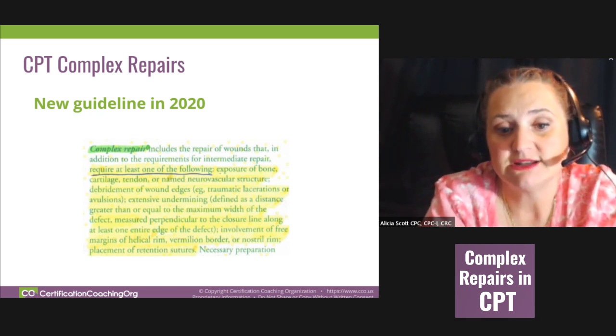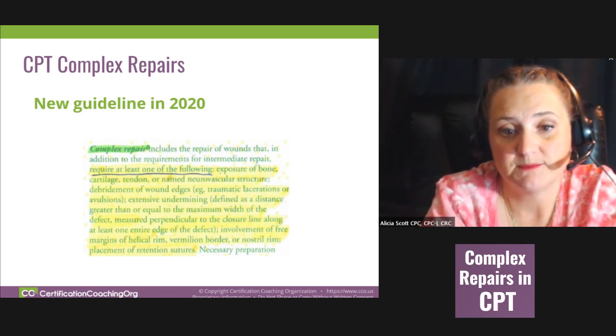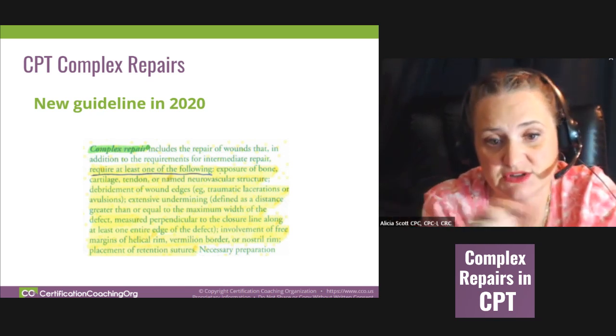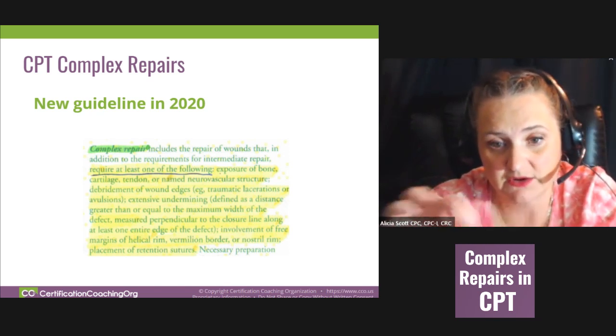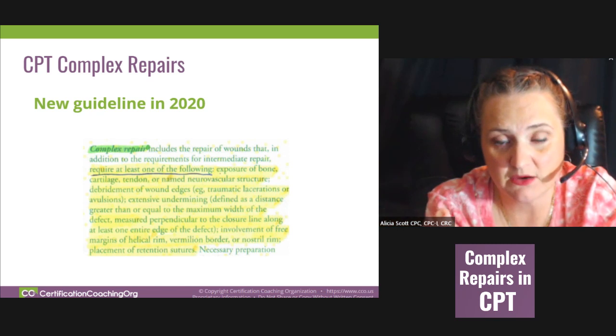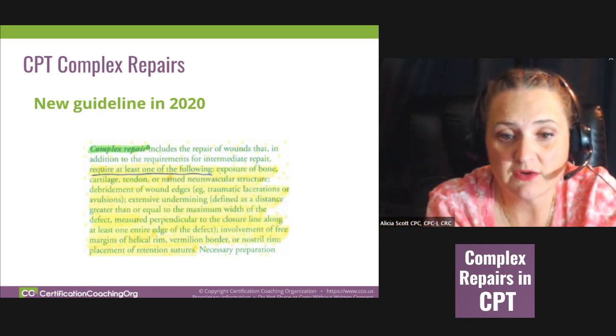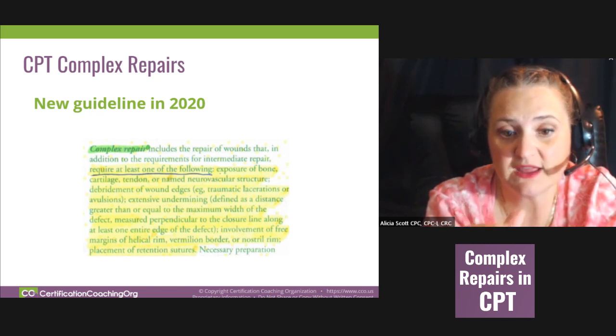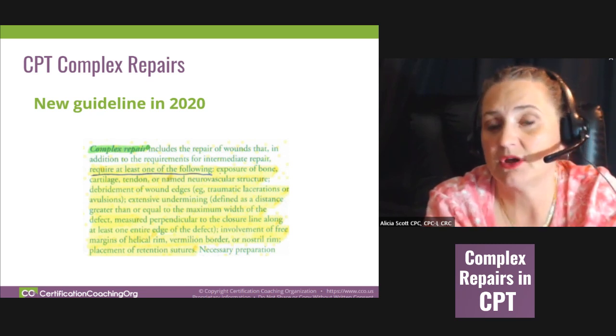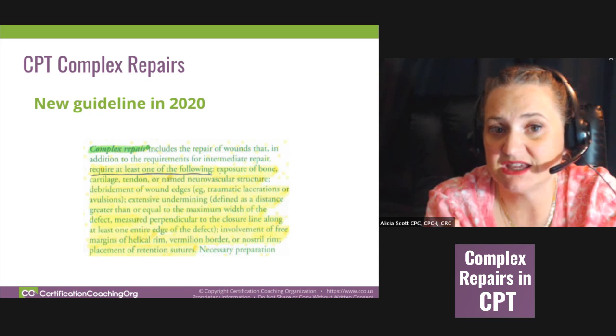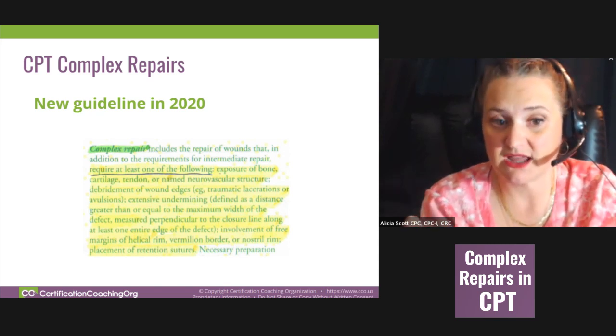Now, the picture didn't come through really good with that being highlighted in yellow. However, I broke this up for you. So this is what it looks like in your manual, and this is how you would highlight it. Okay. Now we're going to break that all up and talk about what each of those things constitute, or examples of those.